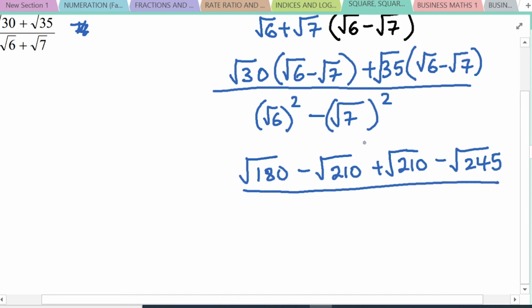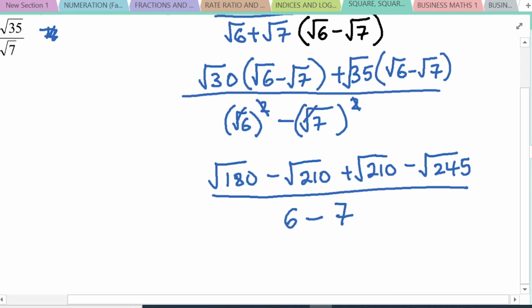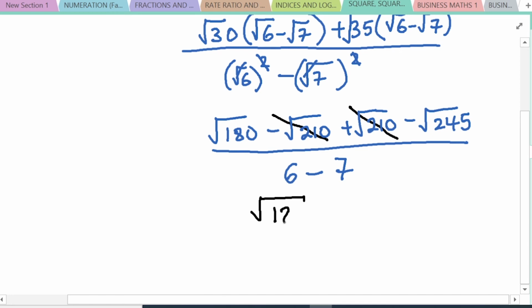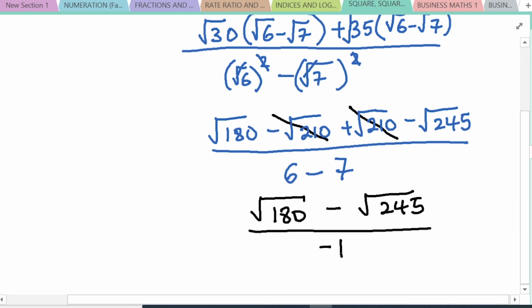We shall divide all that by, of course, this goes with that, remain with 6, minus this goes with that, remain with 7. So from here you can see that this negative root of 210 and positive root of 210 will cancel out. You'll end up with the square root of 180 minus the square root of 245, divided by 6 minus 7, which is negative 1.